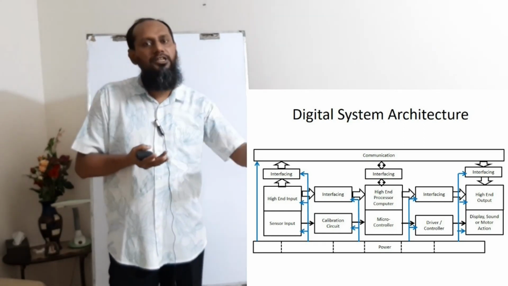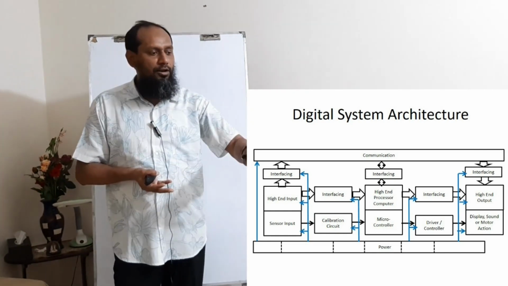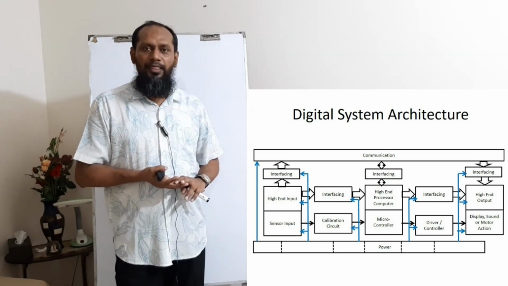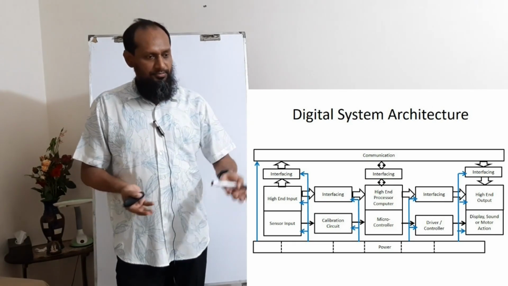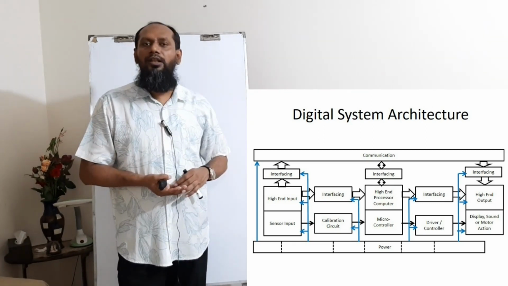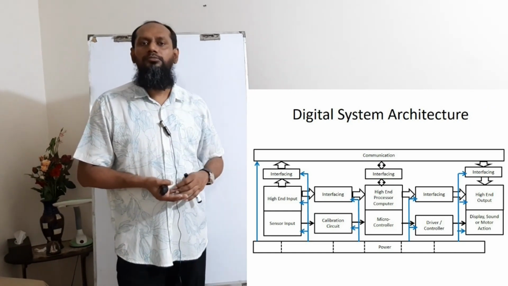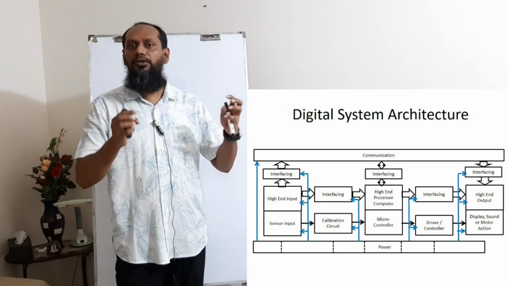One I'm mentioning here as high-level input, which can be called a peripheral device, and then the low-level sensor input. And on the right, the same way, output: peripheral devices or low-level output devices like sound, display or monitor, or motor action. Like this kind of thing.